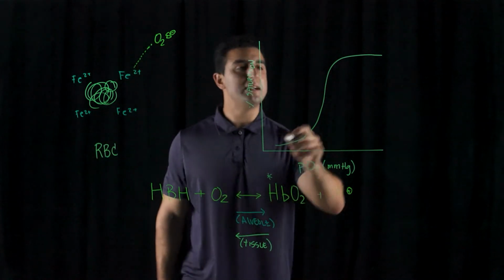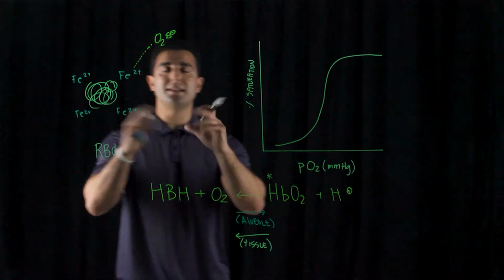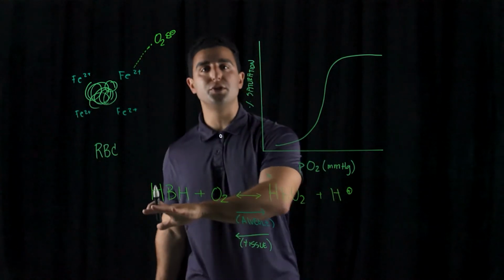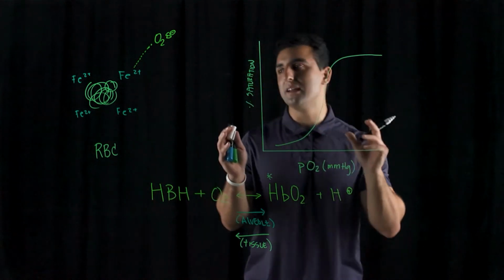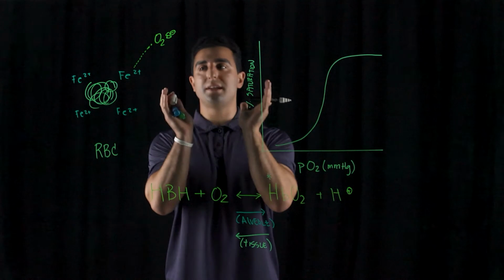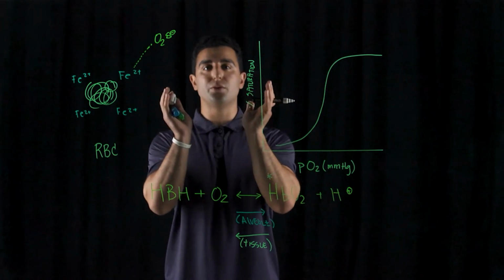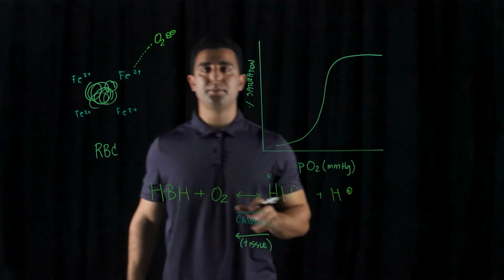The reason why it's sigmoidal is hemoglobin's actual structure when it's not bound to any oxygen. In this reduced form, it is in this T state, or quote unquote tight state. What that means is that its actual receptors and iron groups are not as readily available for the oxygen to be bound.